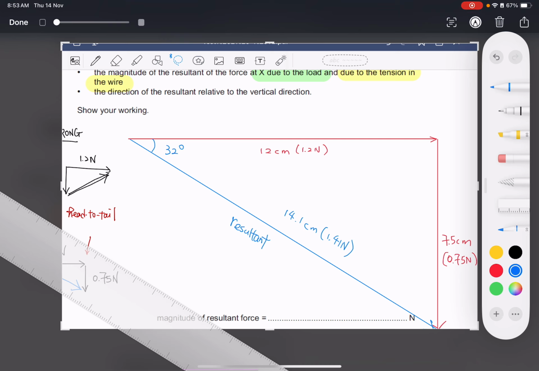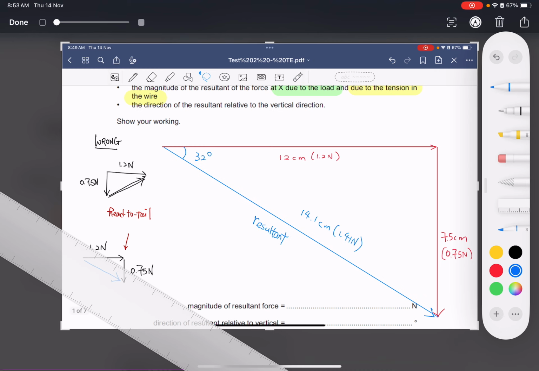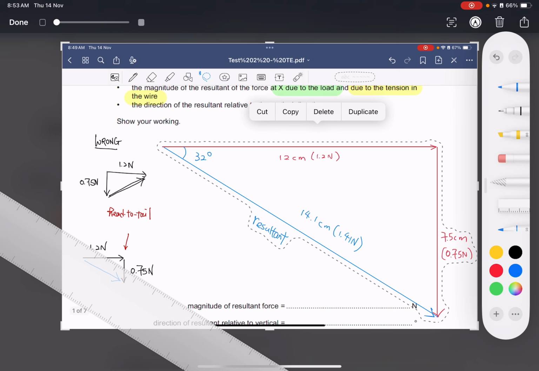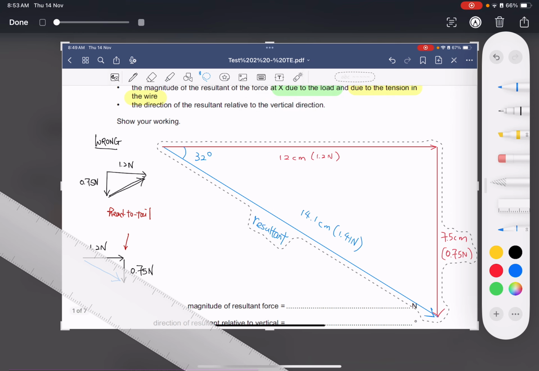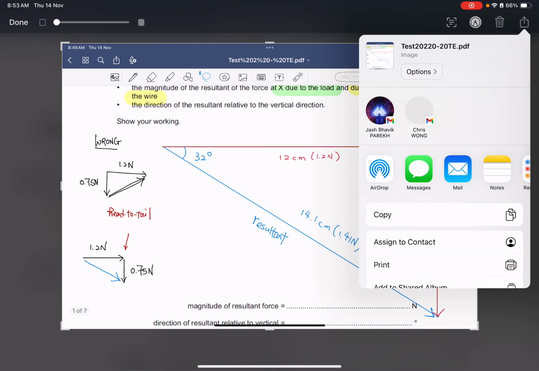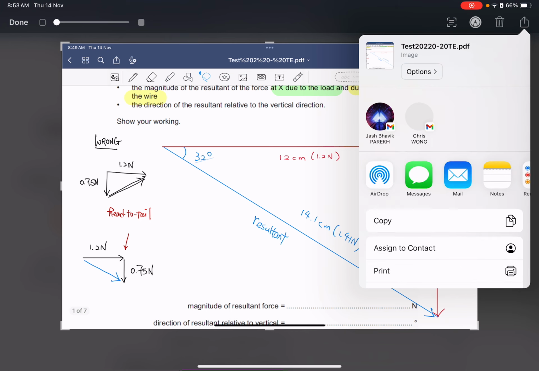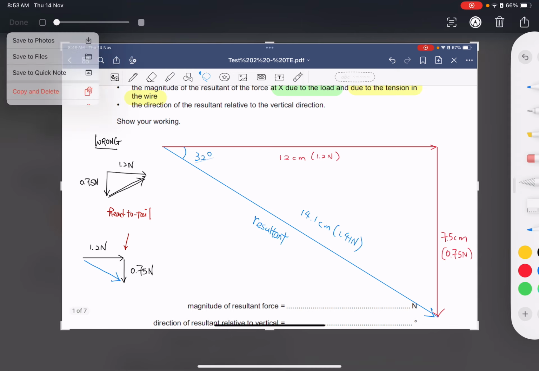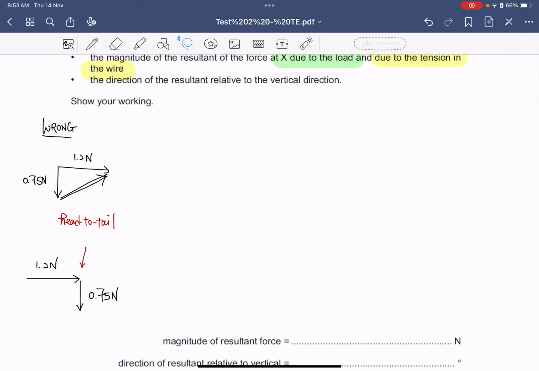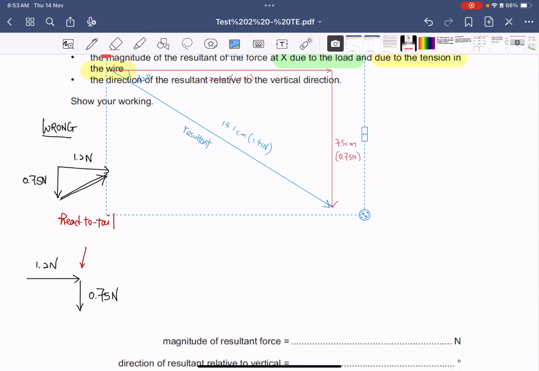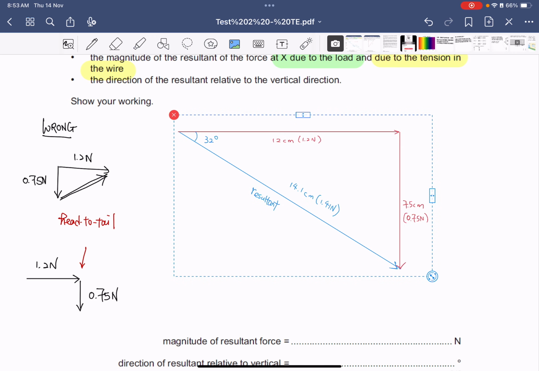Now I finish using the ruler. Maybe I just screenshot this and save it first. Save to photo. Okay, good. Something like this.